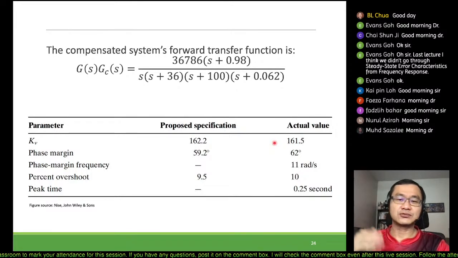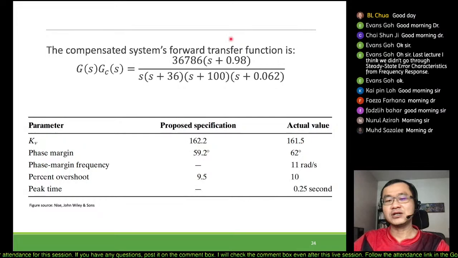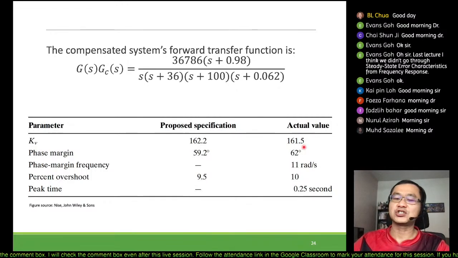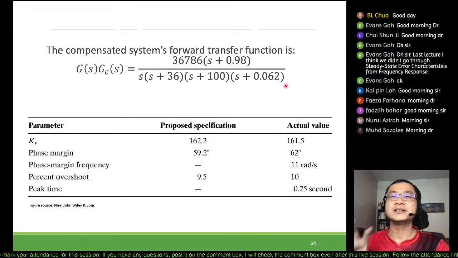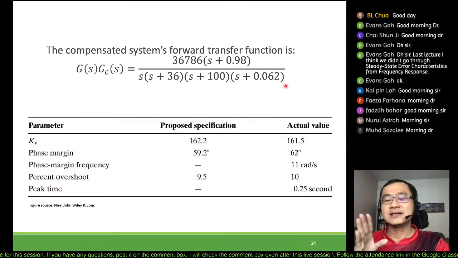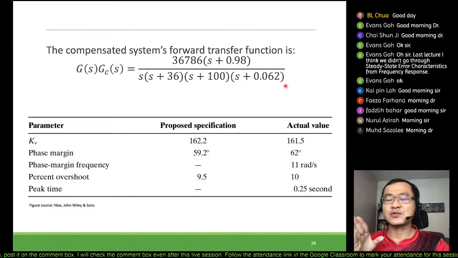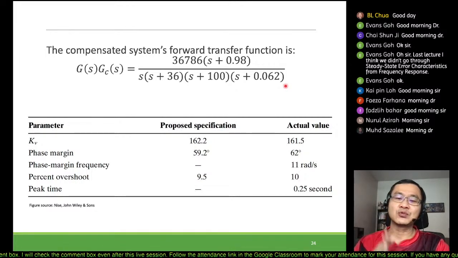We would want to increase 10 times, so when we apply this transfer function we get 161.5, which is almost 10 times, where the phase margin also remains almost similar. So this is how you can see that after you do the compensation, the performance is close to what we would want.